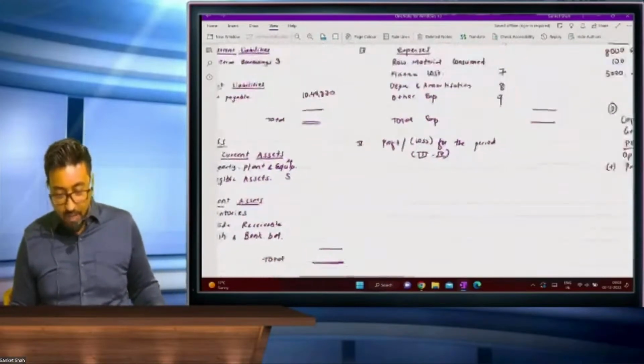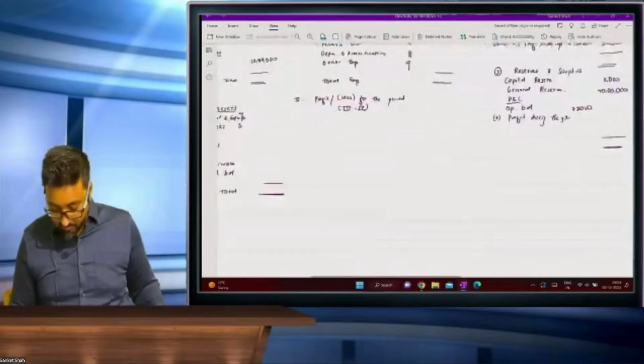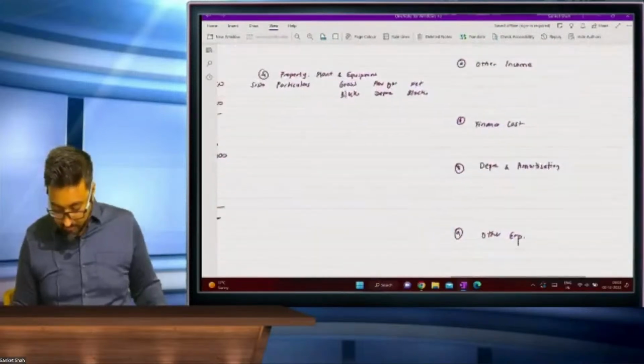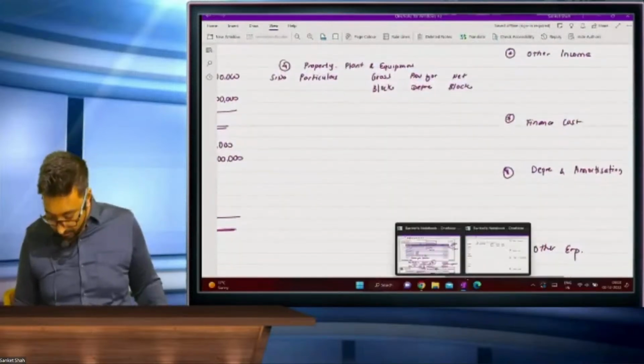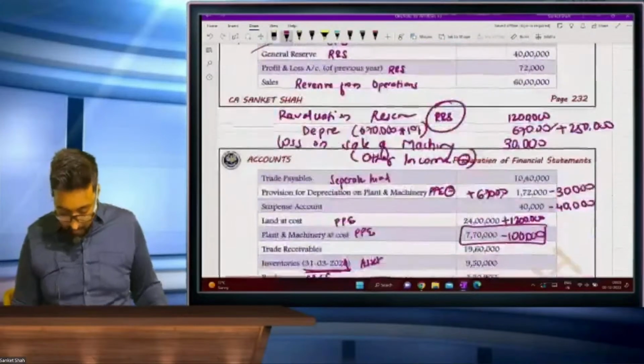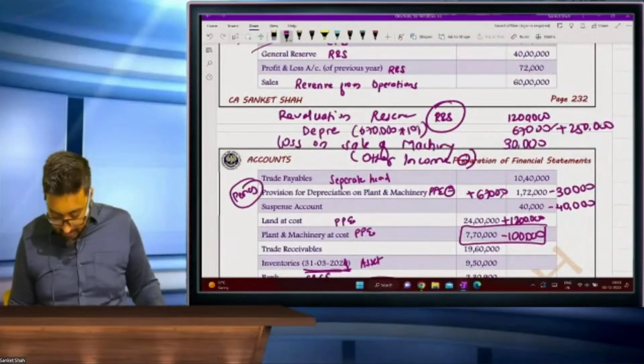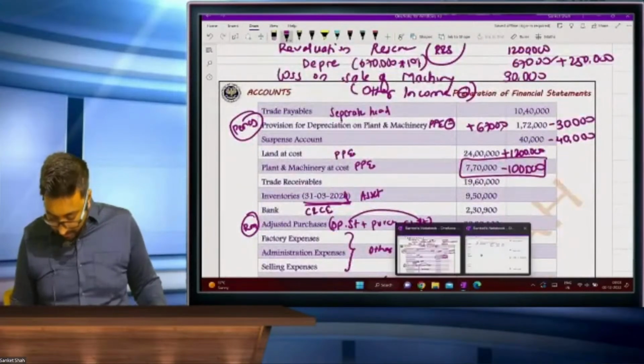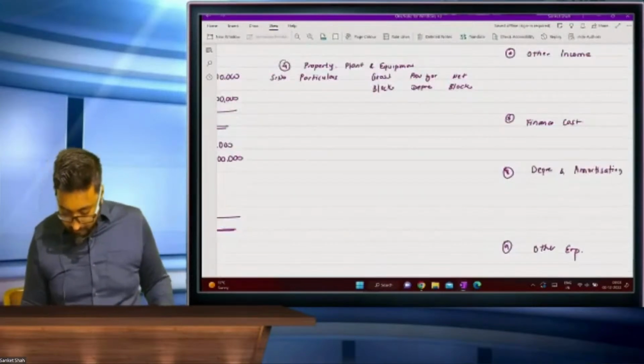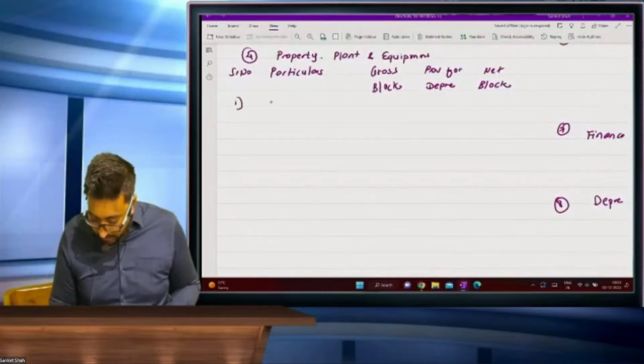Provision of plant and machinery. Okay, so we will write it pending. Plant and machinery provision pending. Suspense 0. Land. Okay, Roman 1 land.